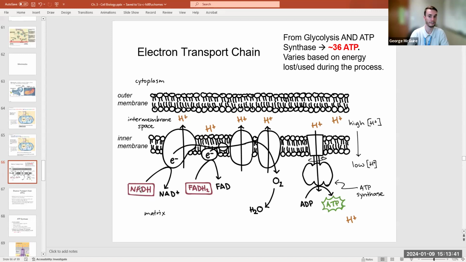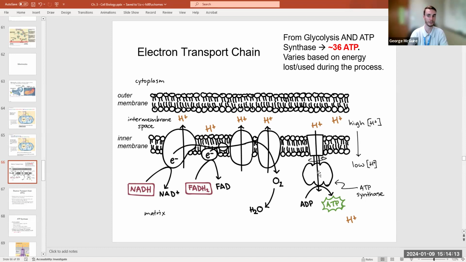By the end of all of our electron carriers donating their electrons and those electrons moving down the chain and making water, we have pumped a whole bunch of protons into this intermembrane space, leaving us with a really high concentration of those protons. These protons are going to want to move back to where they started in the matrix, where there is a low concentration. So we've created a concentration gradient. And the only way the protons can move back to where they started is through a special protein called ATP synthase.